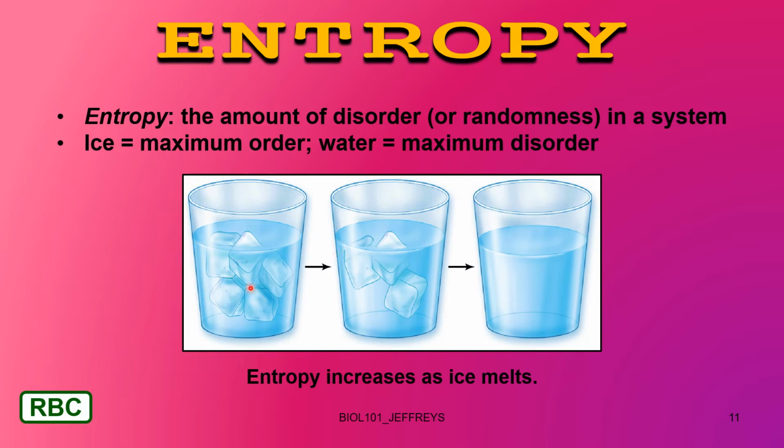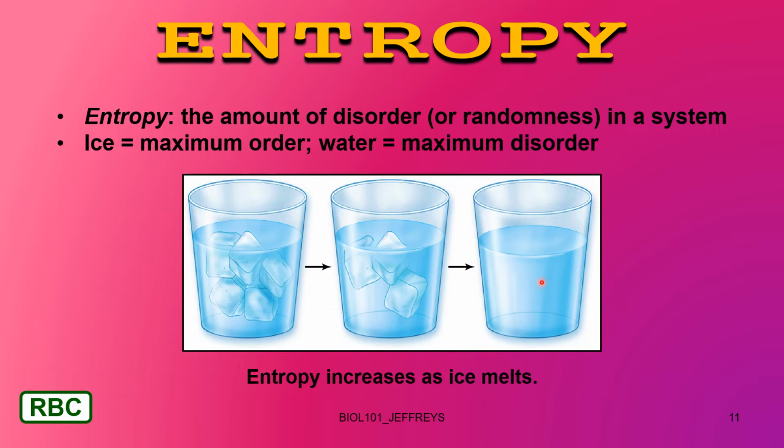And so as ice here in this glass starts to melt, right? This is solid ice, maximum order. As it starts to melt, the degree of disorder increases. And if liquid water is the maximum degree of disorder, then in this glass we have the highest amount of disorder, or the highest amount of entropy. So the point here in this illustration is that entropy, the amount of randomness or disorder, increases as ice melts.